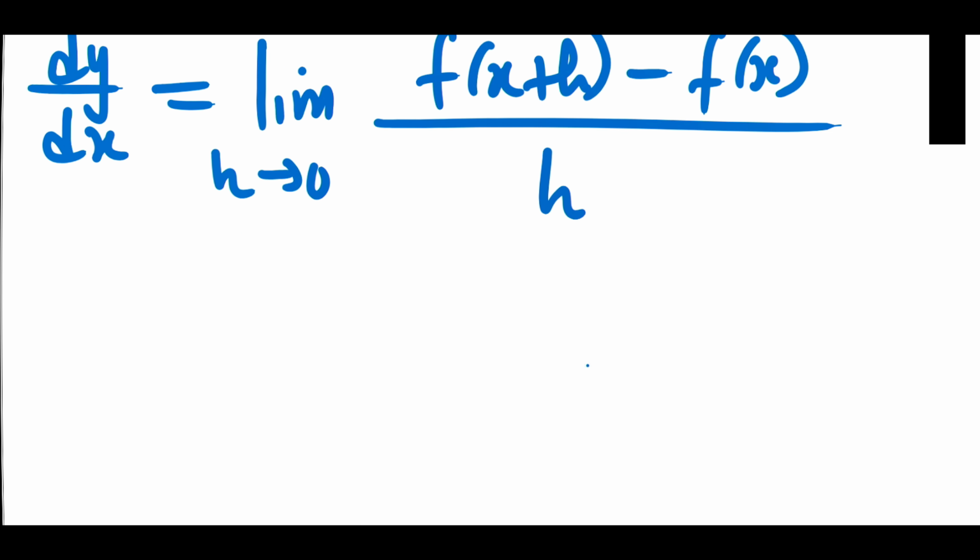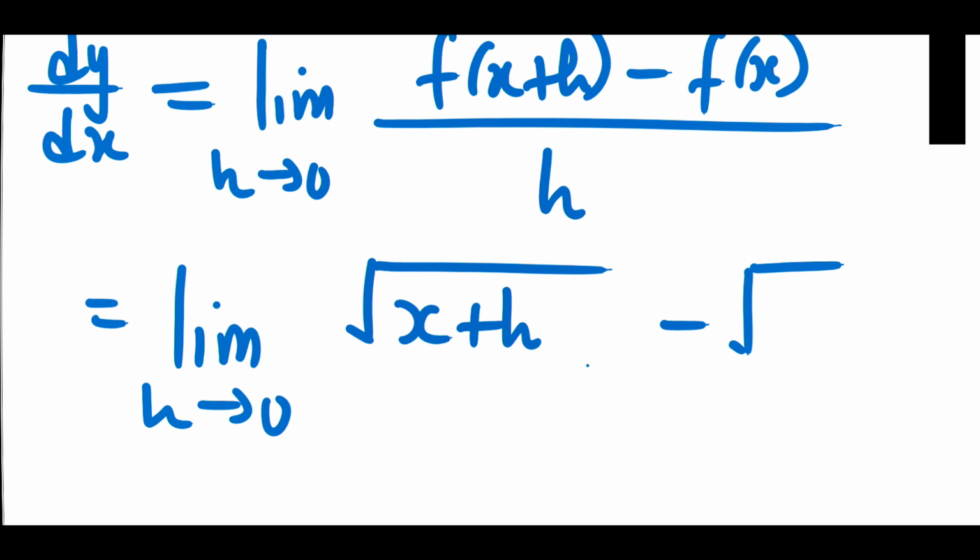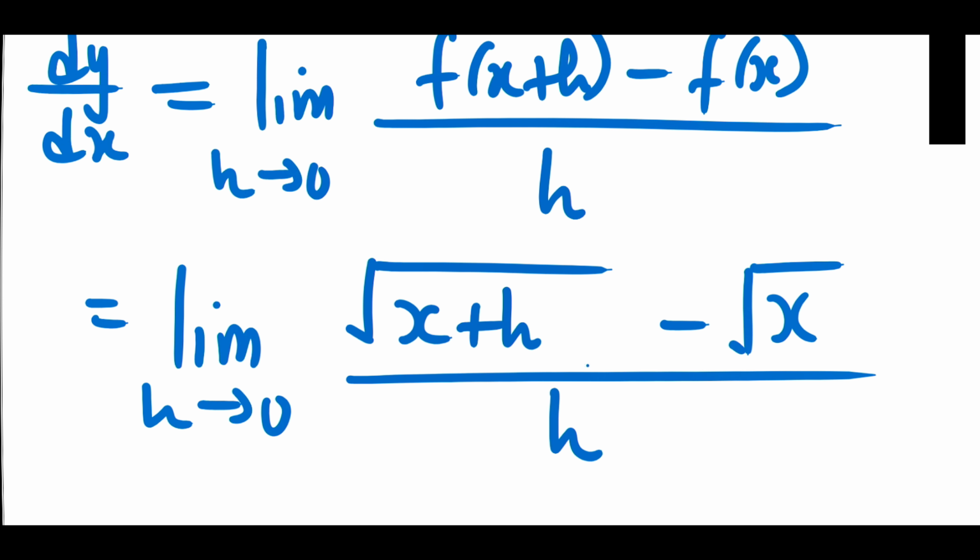Now the input is the x. So we need to just plug in the value. So we have our f of x plus h to be square root of x plus h. Then our f of x is the original function. So minus the original function, which is square root of x, all divided by h.